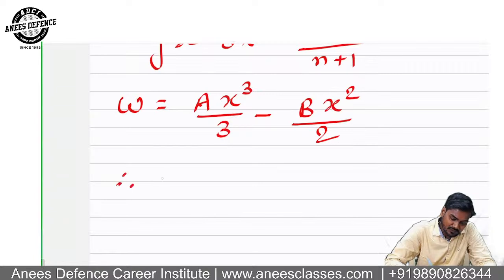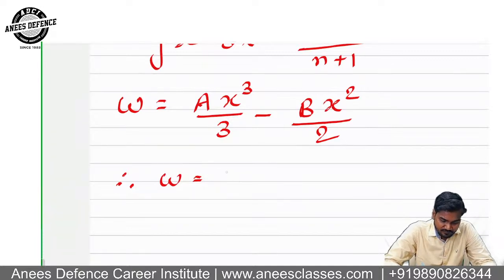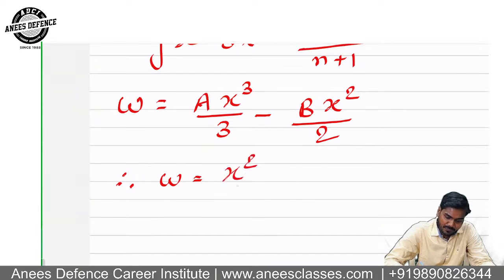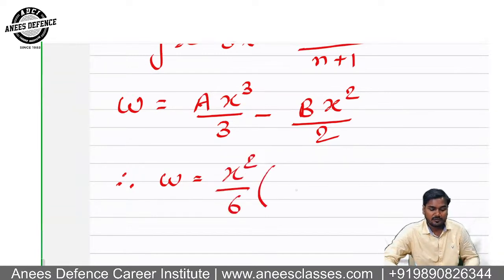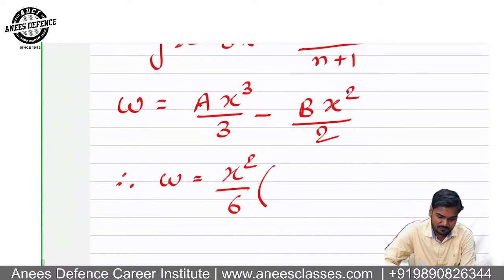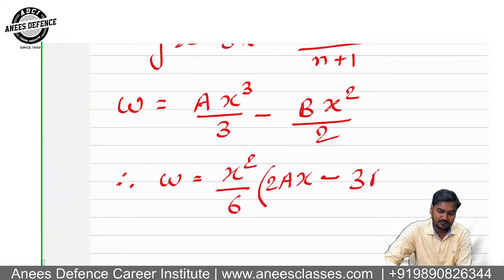Hence work done is equal to x square common upon 6, into 2x minus 3b.